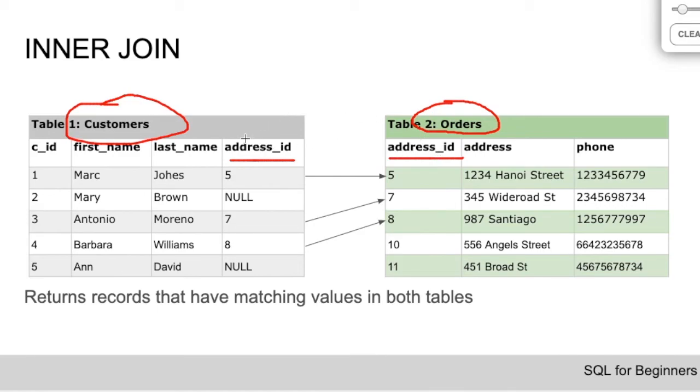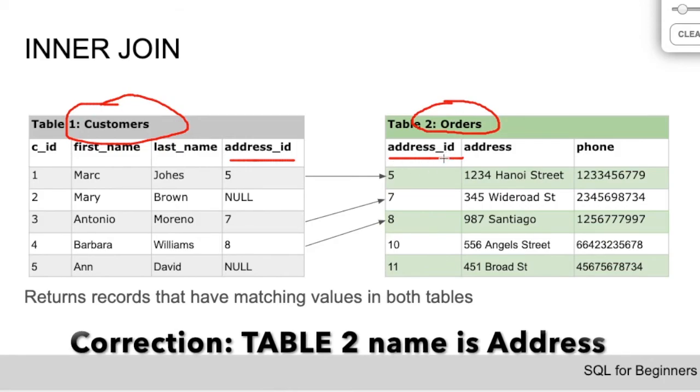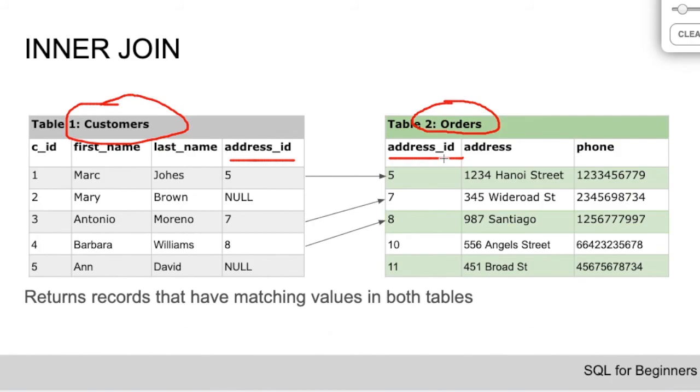In this case, address ID is going to be a primary key, and in the second table, which is the orders table, address ID is going to be a foreign key. An inner join basically returns the records that have matching values in both tables, meaning that customer ID number 1 here has address ID 5.